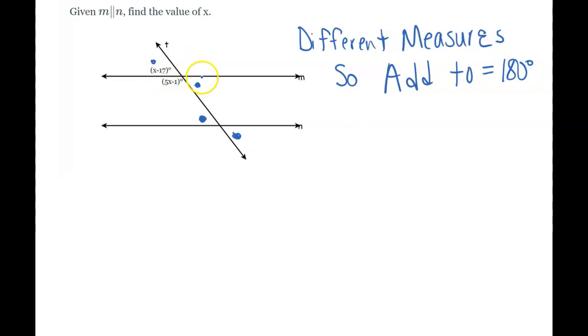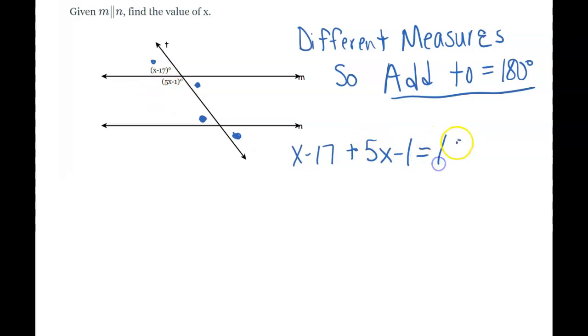So if they have different measures, we add to equal 180 degrees. So we take our x, take away 17. We're going to add that to the other measurement, which is 5x, take away 1, and together those are going to equal 180 degrees.